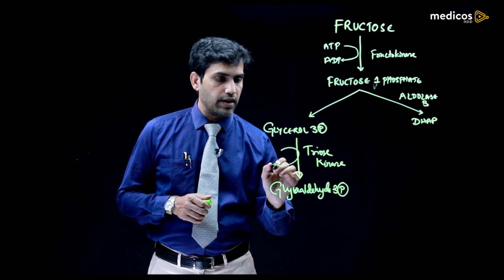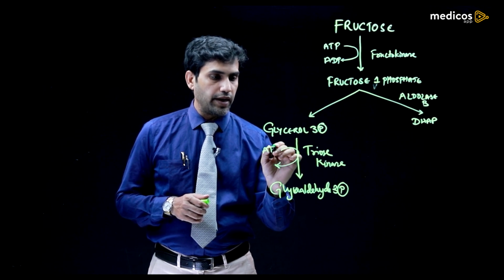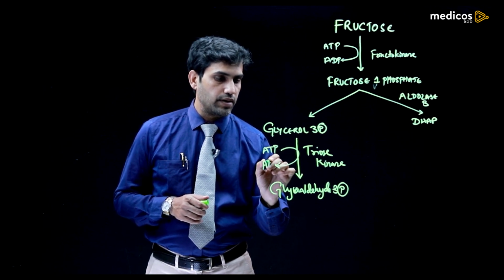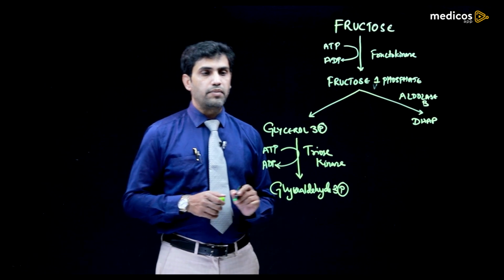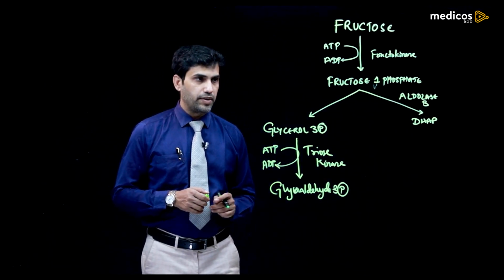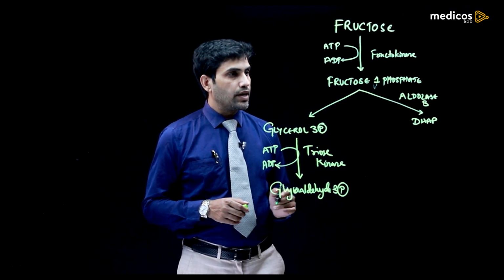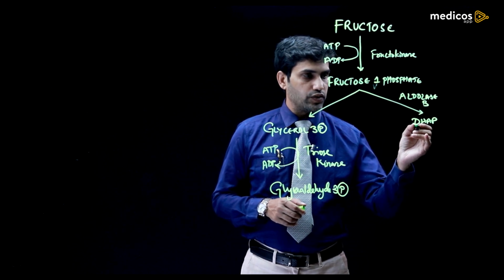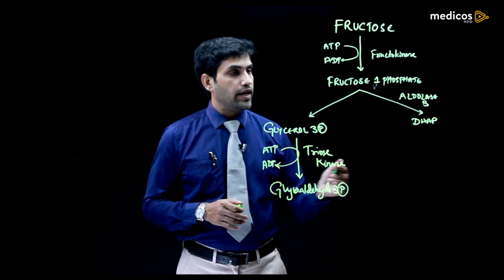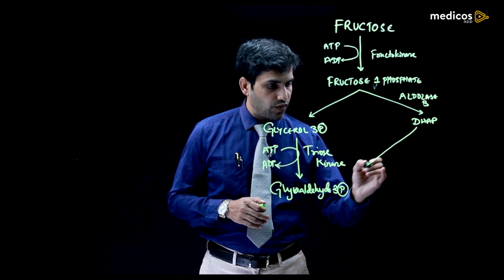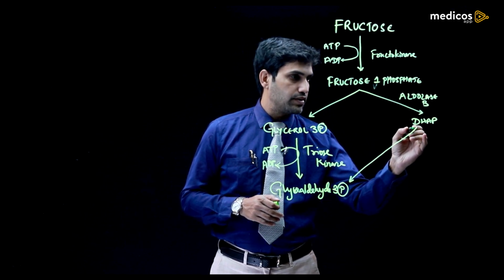This step requires an ATP. Dihydroxyacetone phosphate, as in glycolysis, is acted on by triose phosphate isomerase.